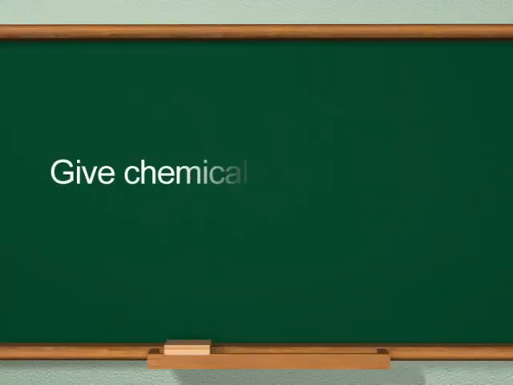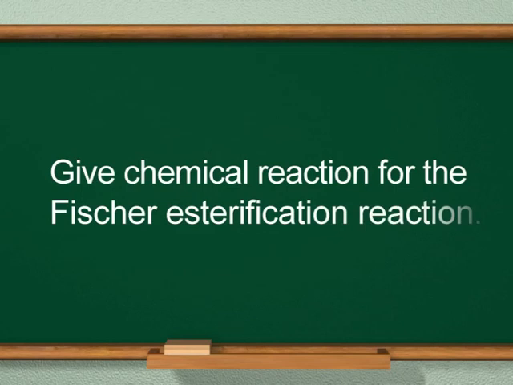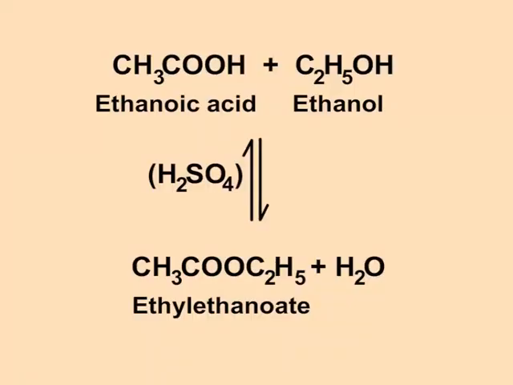And now the third question is, give the chemical reaction for the Fischer esterification reaction. And the answer is, ethanoic acid reacts with ethanol in presence of sulfuric acid to form ethyl ethanoate and water.